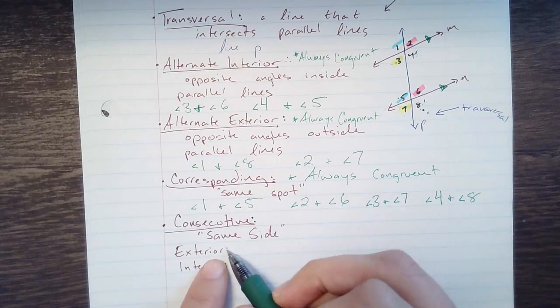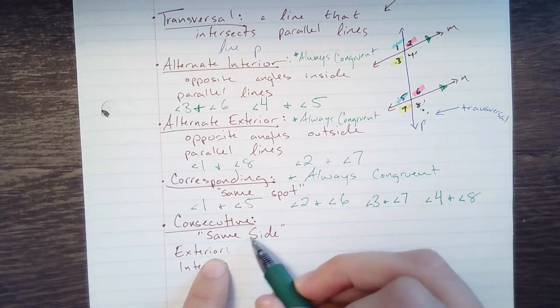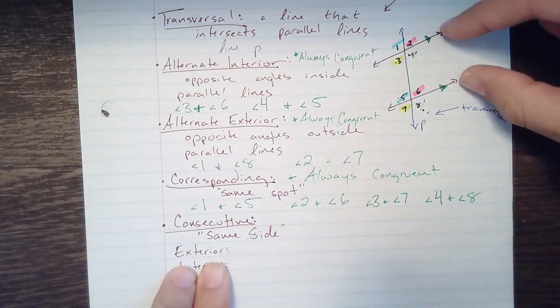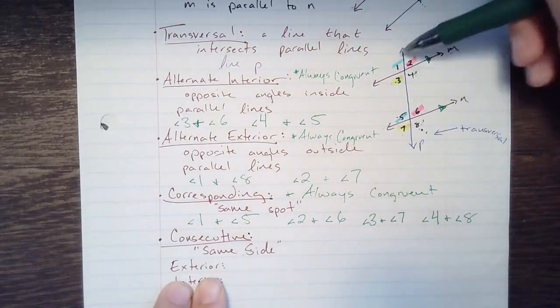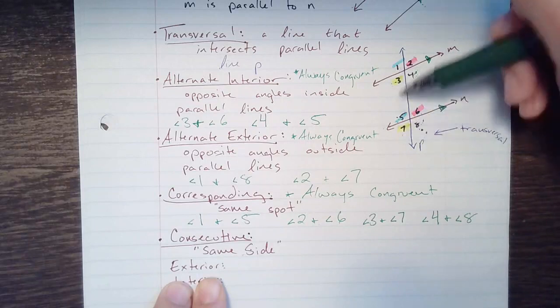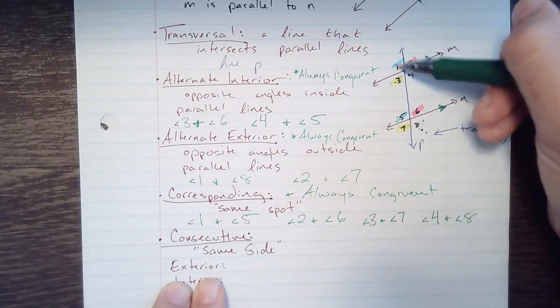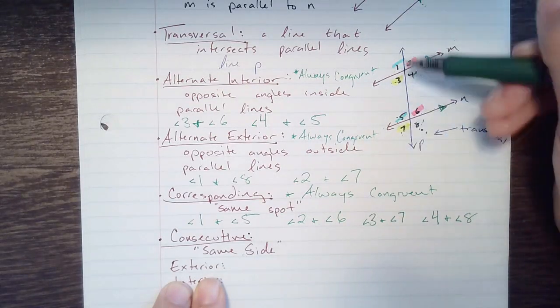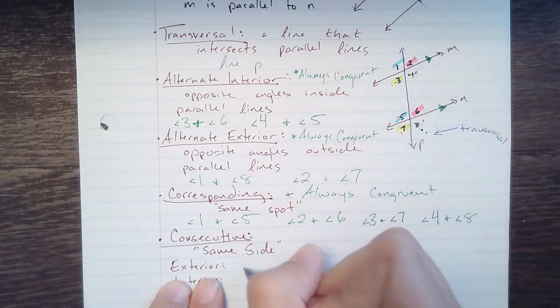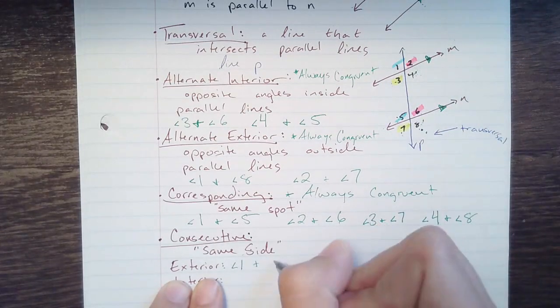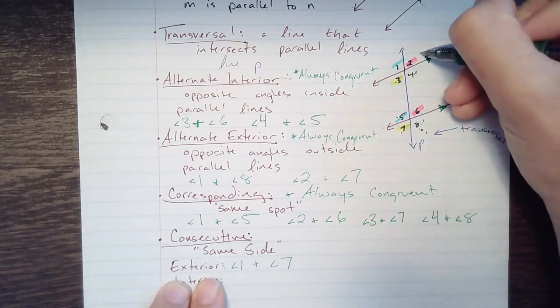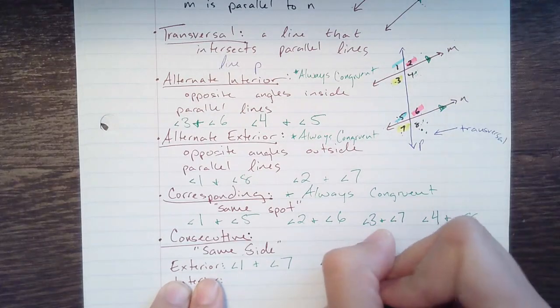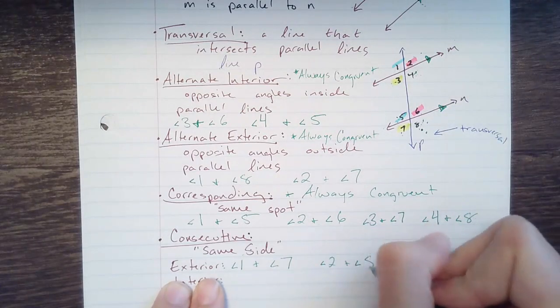And then on the same sides, 1 and 7 are both on the left-hand side. Those are called consecutive exterior angles because they're on the same side of the parallels, both on the left, or both on the right, and if they're exterior, that means they're outside the parallels.